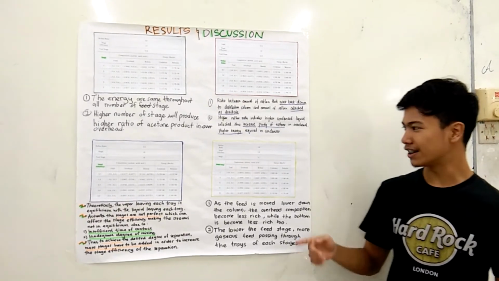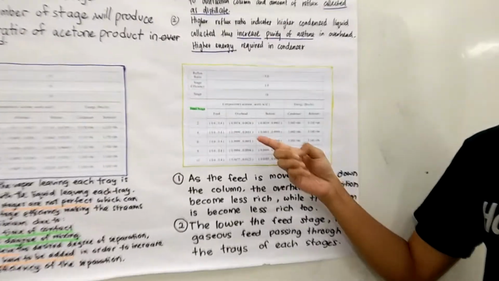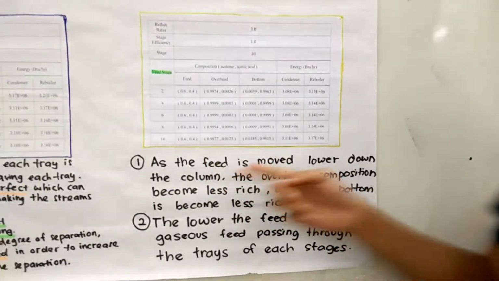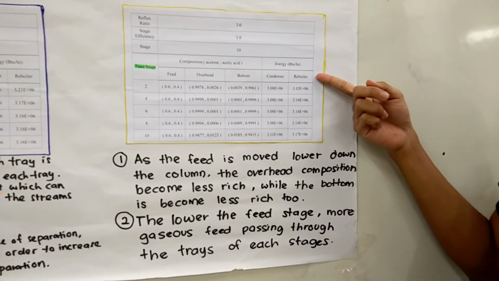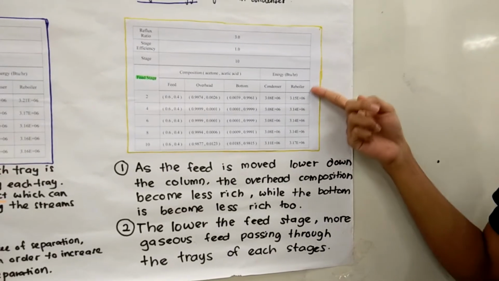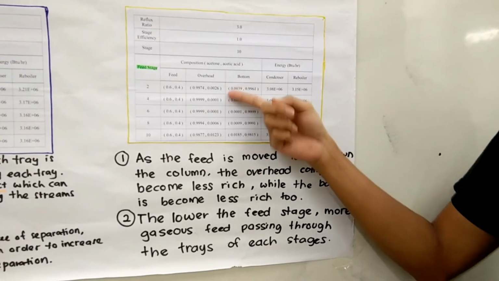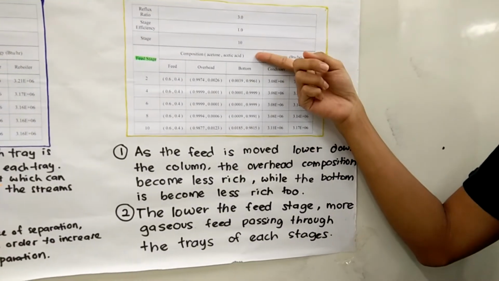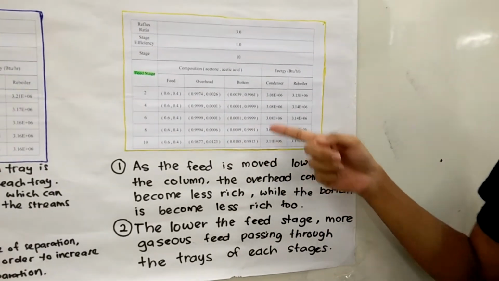The feed stage is the stage where the feed enters the distillation column. For the energy in the condenser and the reboiler, the energy required remains constant. However, the compositions of acetone and acetic acid at the overhead and the bottom are decreasing.